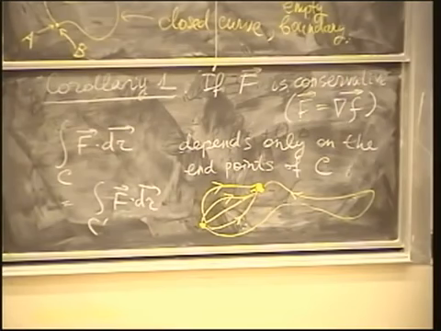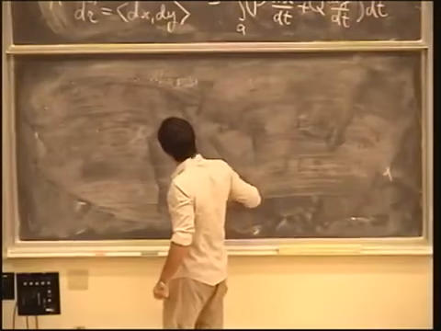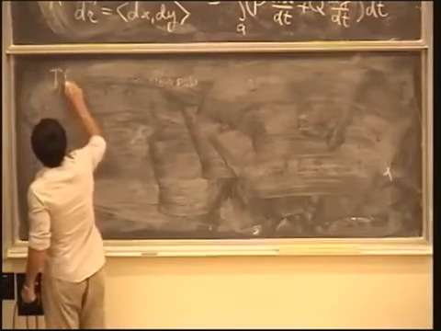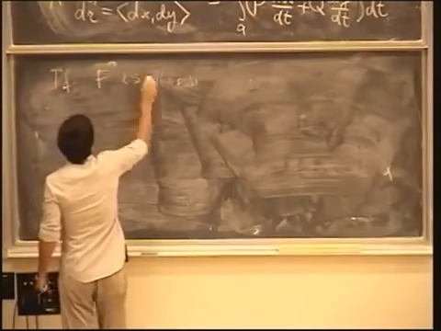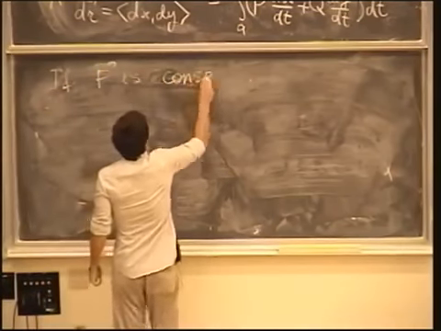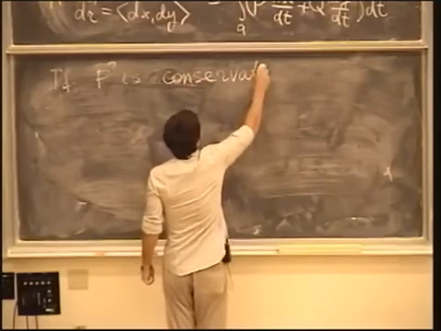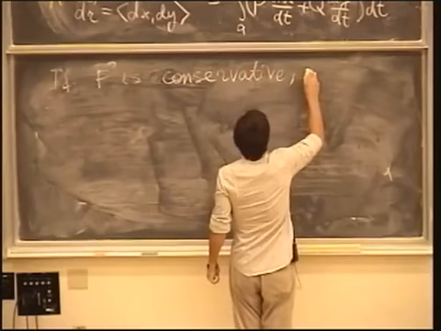Now, so where does this leave us? We see now that if you have a conservative vector field, things simplify.